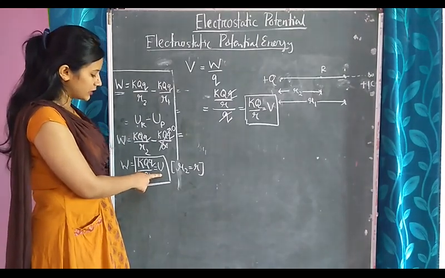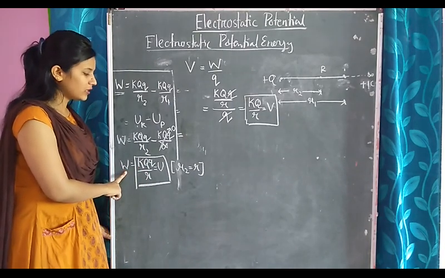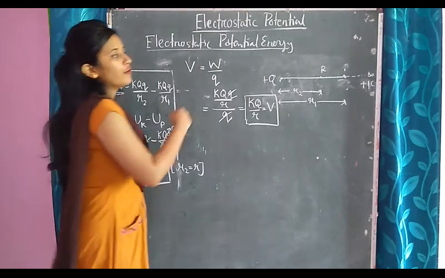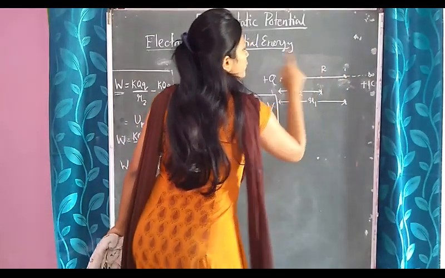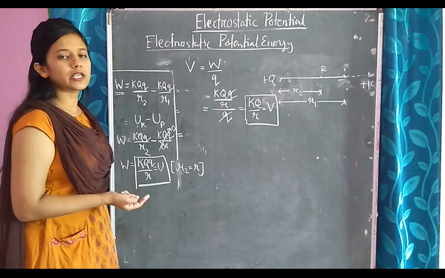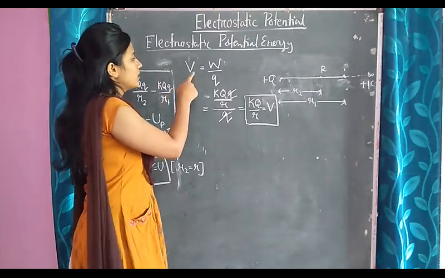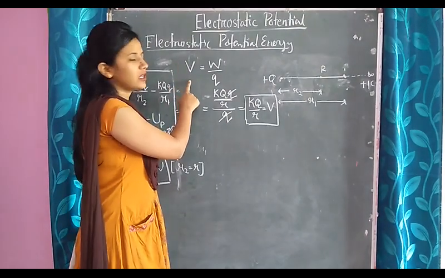Electrostatic potential energy is defined as the work done in bringing a charged particle from infinity to that point. And whenever we are saying it for a unit positive test charge, that is electrostatic potential.